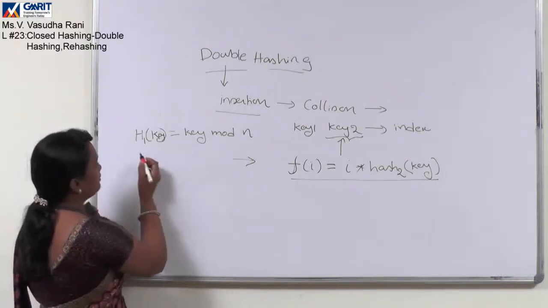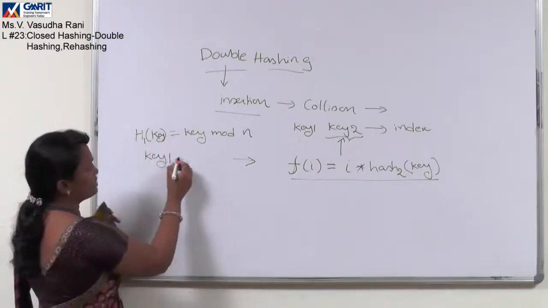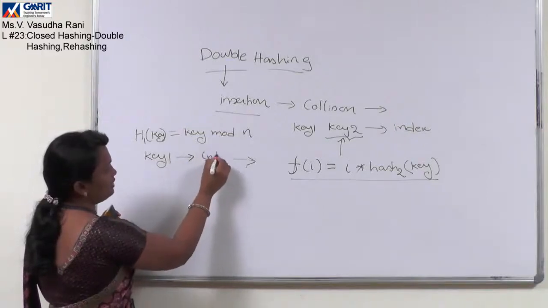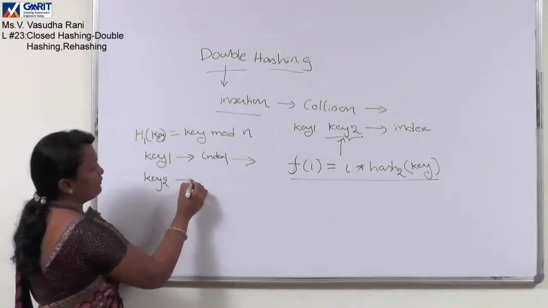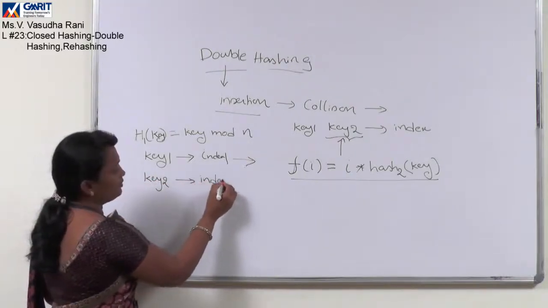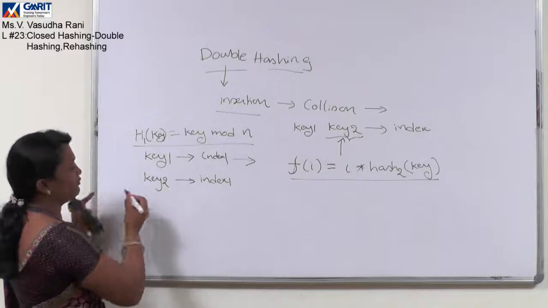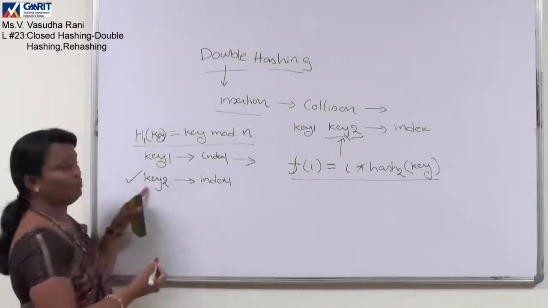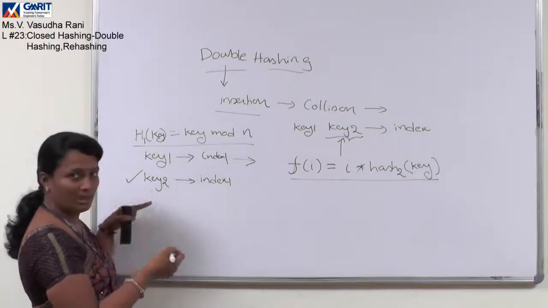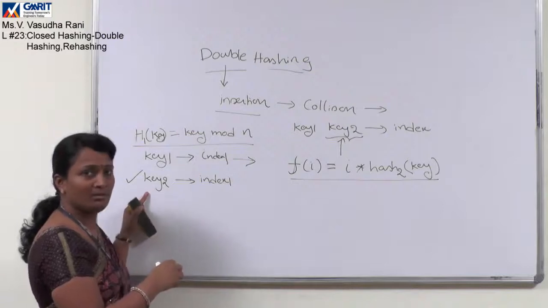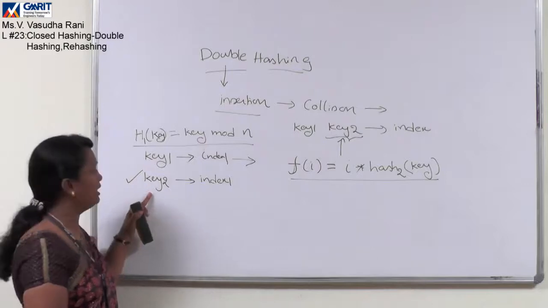But suppose for key 1 this hash function has given us the index 1, and for key 2 it gives the same index 1 with the same function. Then for key 2 we have to go for double hashing, through which we can find the next empty location available in our hash table.